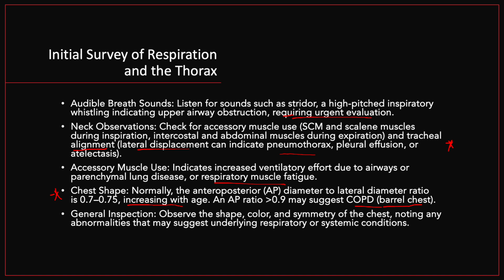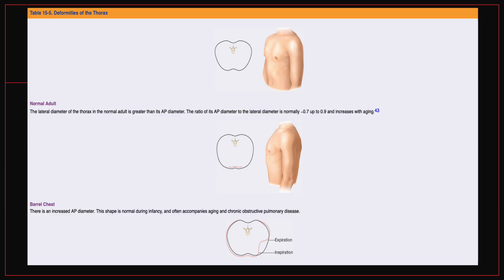General inspection. So observe the shape, color, and symmetry of the chest, noting any abnormalities that may suggest underlying respiratory or systemic conditions. So the book does a great job of breaking down the different types of deformities of the thorax. So normal thorax here, we see that our lateral diameter is going to be greater than the AP. And then we start to look at our barrel chest patient, where our lateral is almost equal to our AP diameter.